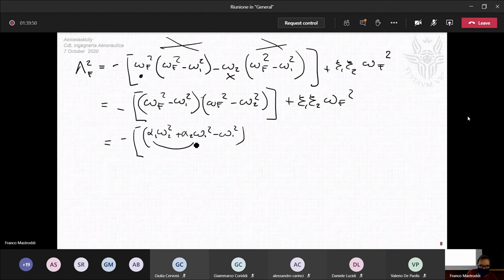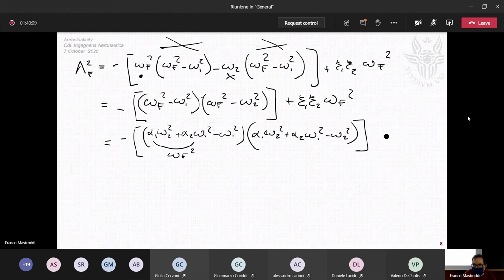And this is omega flutter square substitution. The same here. I have alpha 1 omega 2 square plus alpha 2 omega 1 square minus omega 2 to the power 2. Okay, plus zeta 1 zeta 2 omega flutter square.